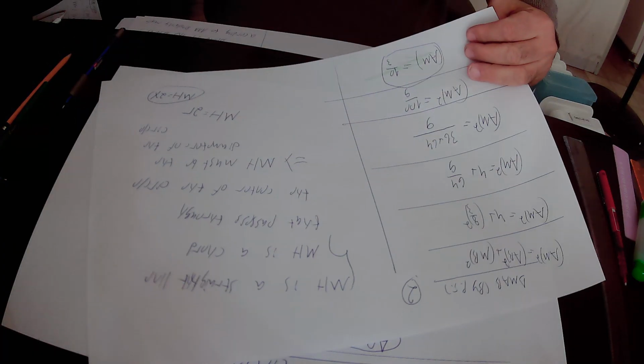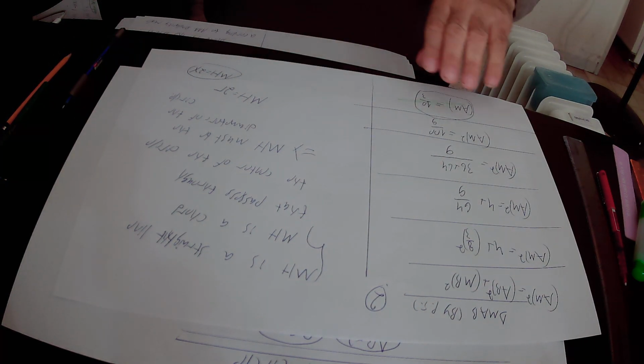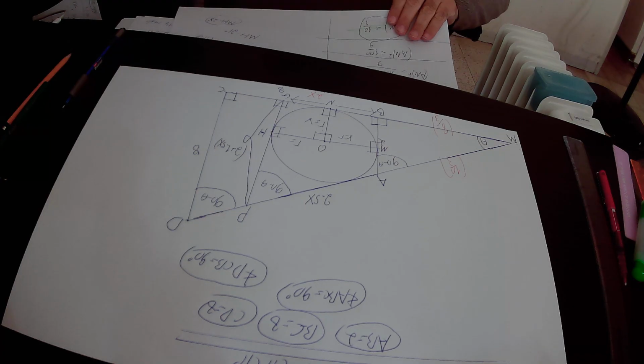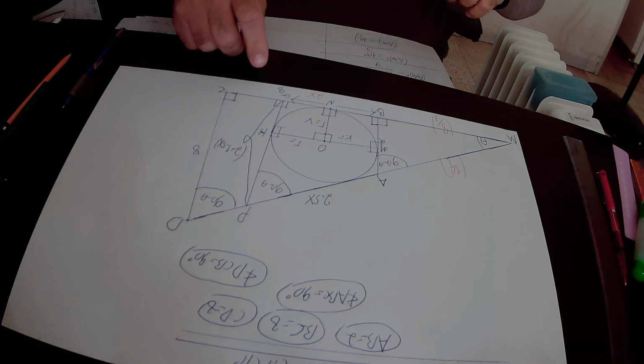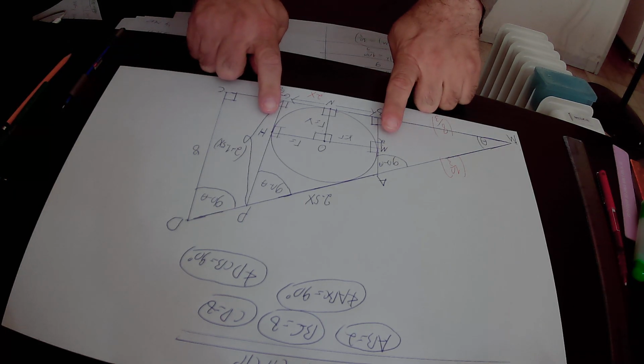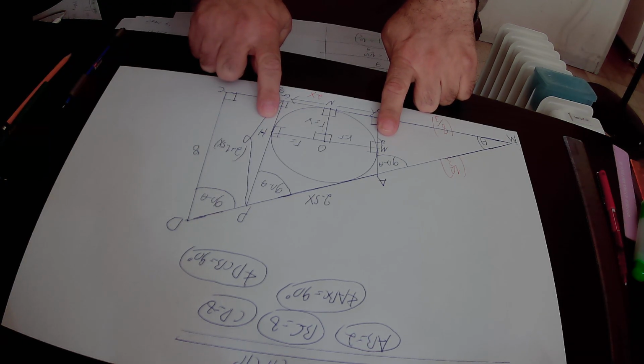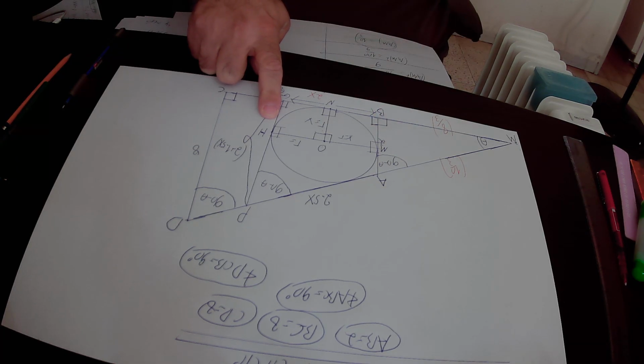I'll repeat again: MH is a straight line. And because the straight line touches the circle at 2 points M and H, line segment MH is a chord. Again, line segment MH is a chord because it touches the circle at those 2 points M and H.